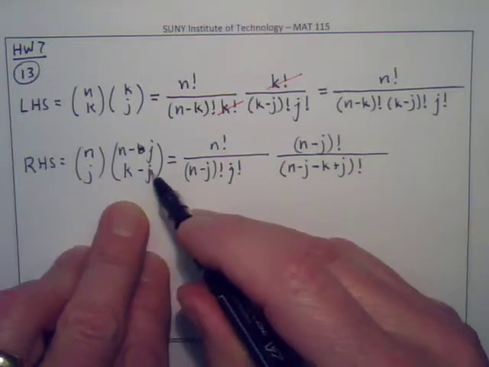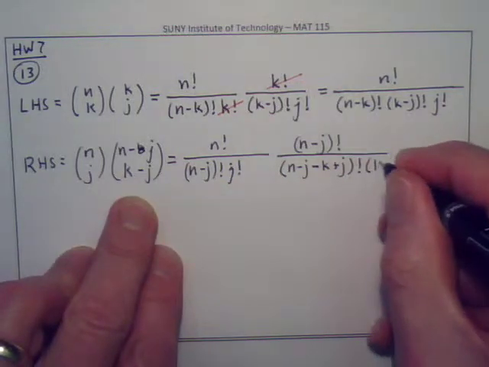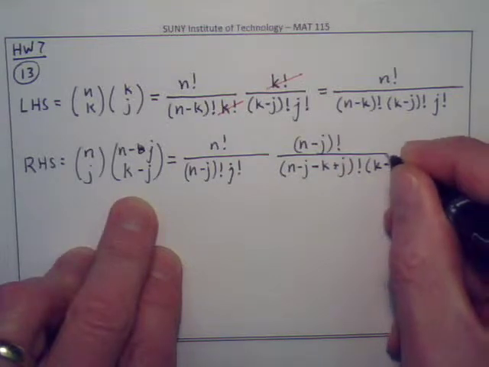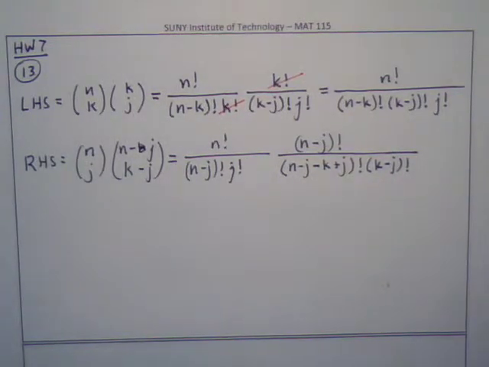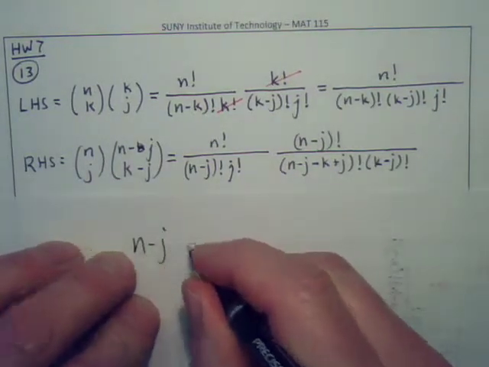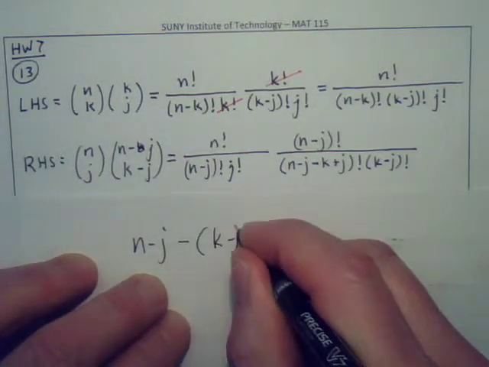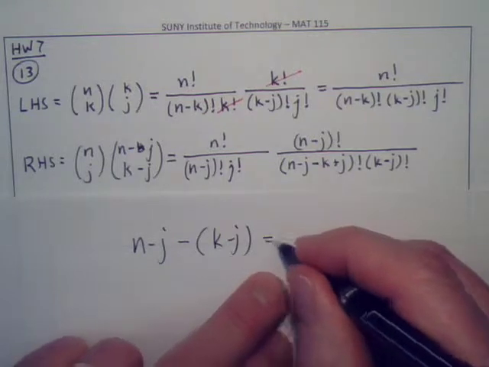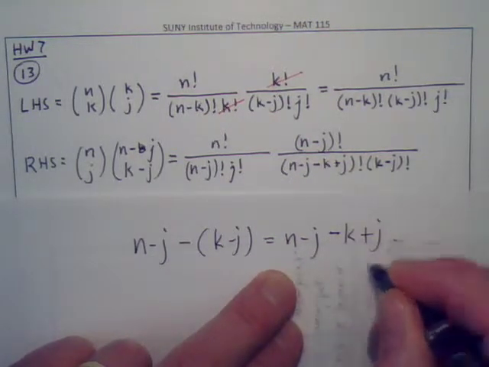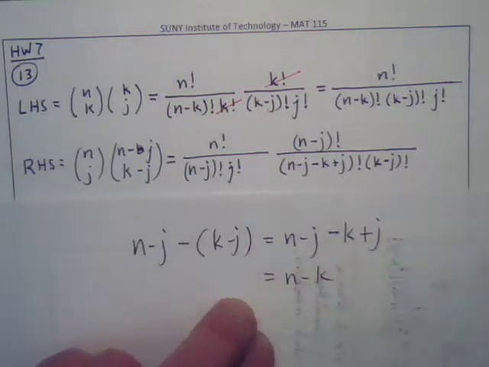And finally the thing in the denominator, k minus j factorial. Just to remind you about the algebra there, if I have n minus j minus k minus j, this becomes n minus j minus k plus j, which is n minus k.